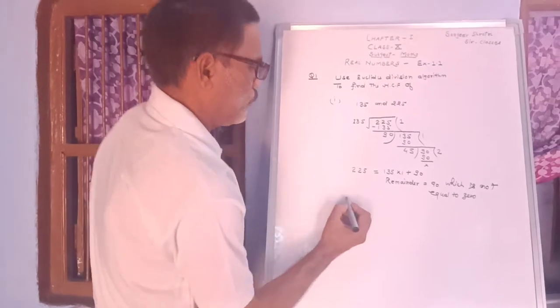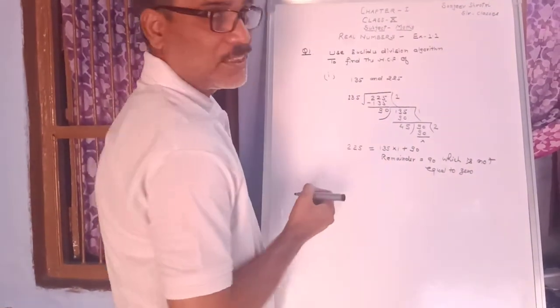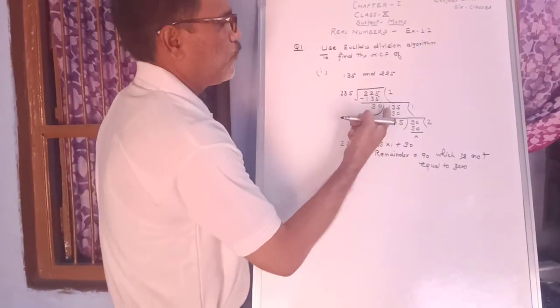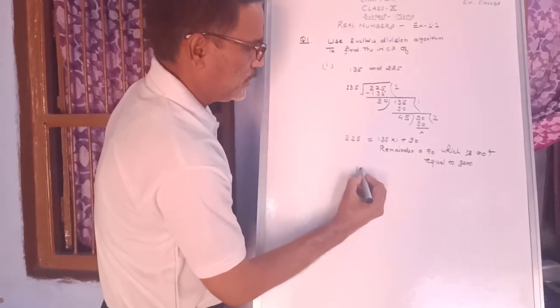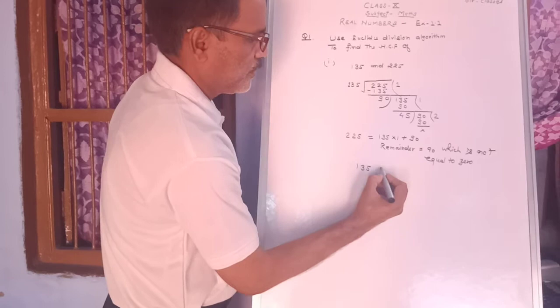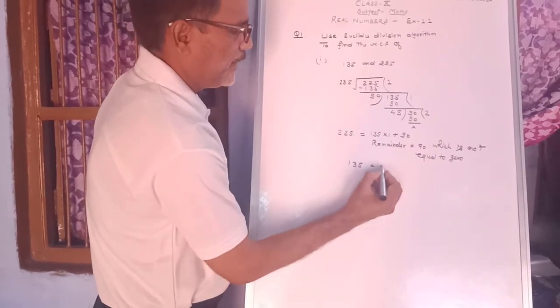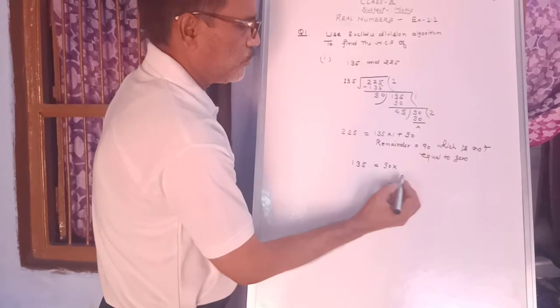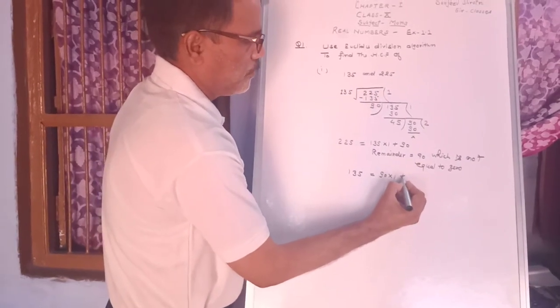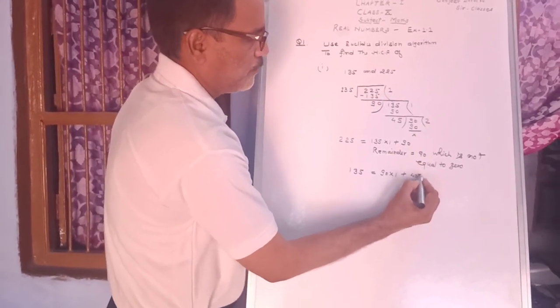So we again write in this form: 135 is the dividend, divisor is 90, and quotient is also 1 plus remainder is 45.